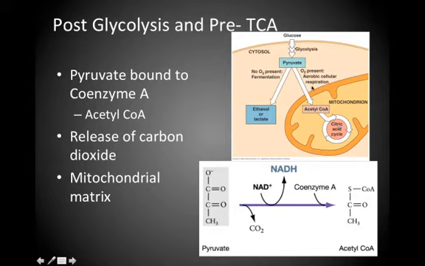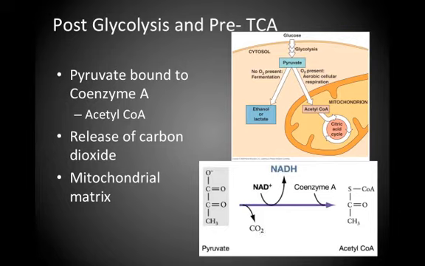The pyruvate molecules get transported into the mitochondria, where the completely oxidized carbon, with no hydrogens and no electrons really left to be used, will break off and be released from the cell as carbon dioxide.